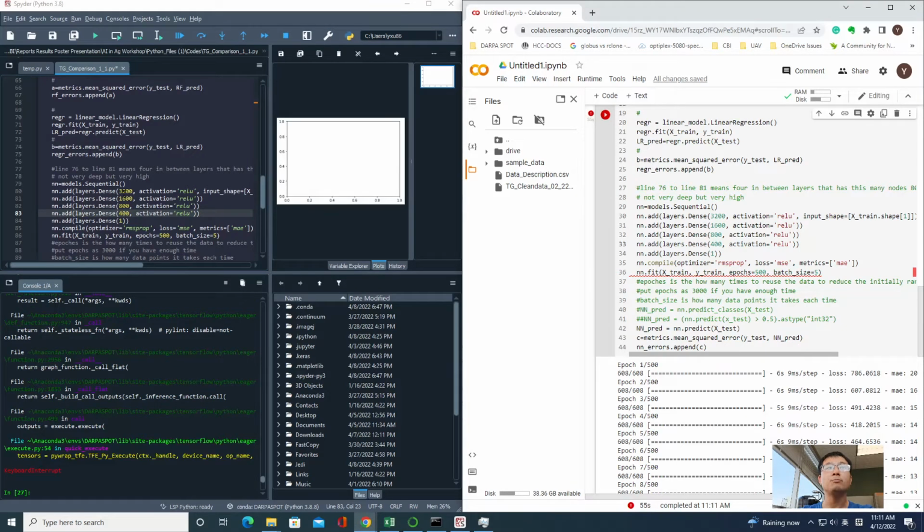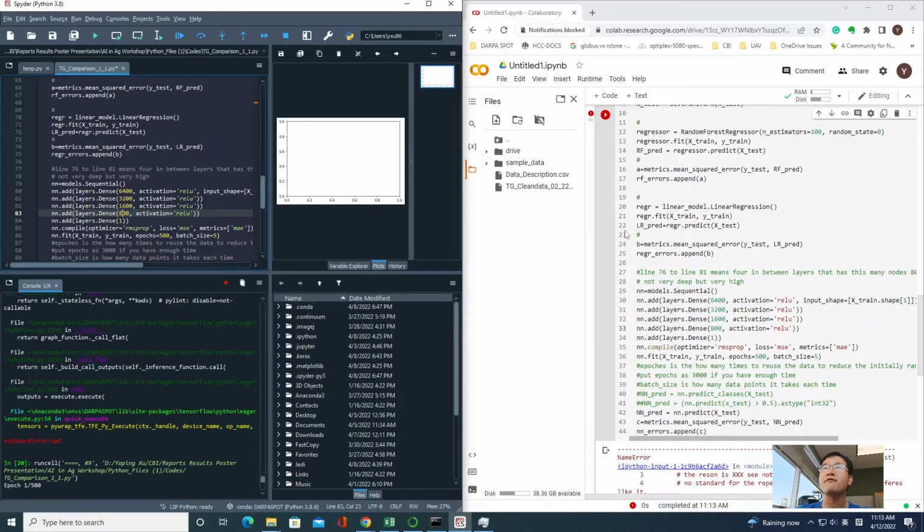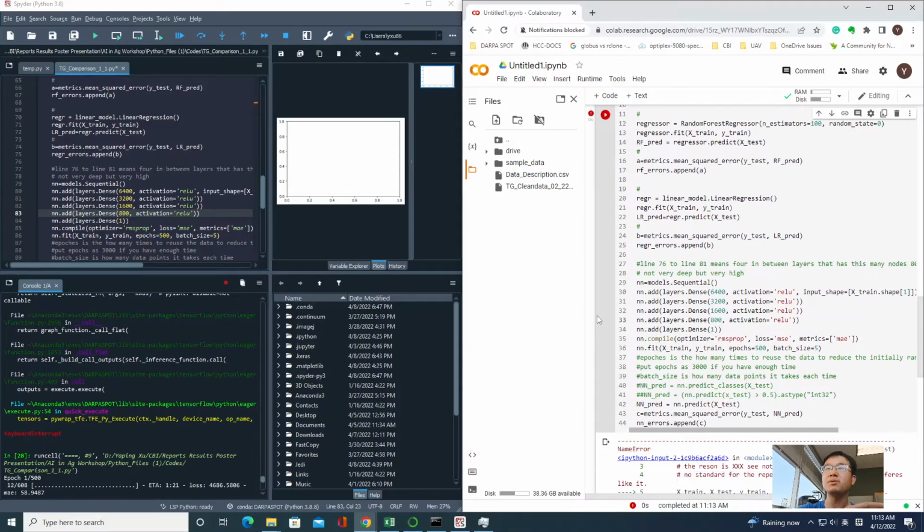Now let's further increase the hidden layer numbers. Let's double the number. Let it be 6400, 3200, 1600, and 800. And we change the numbers on the right hand side as well. Will the GPU be even faster as compared with the CPU?